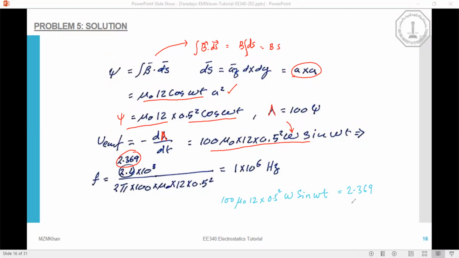is equal to 2.369, the peak value. If it is the peak value, then sine omega t will reach the peak value, so it will be 1. And now from here, you can replace omega with 2 pi f and then find f, which is 1 megahertz.